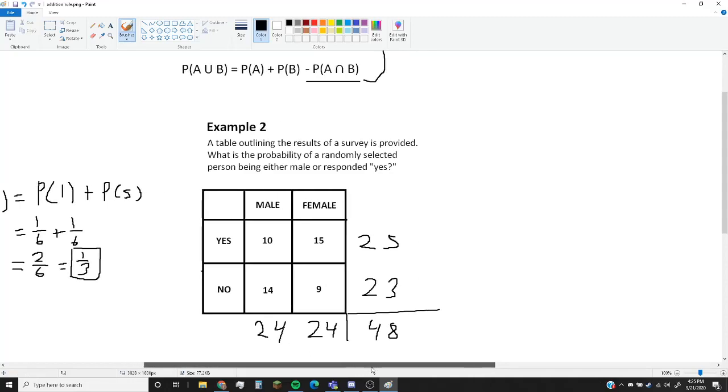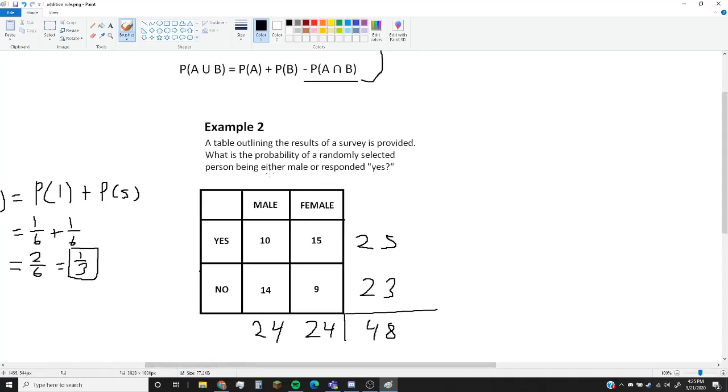Okay, so the next step in this problem, because we're finding whether someone is either male or responded yes, we're going to find each of those probabilities individually. So the probability that they're male is going to be the 24 total males divided by the 48 total people in the survey.